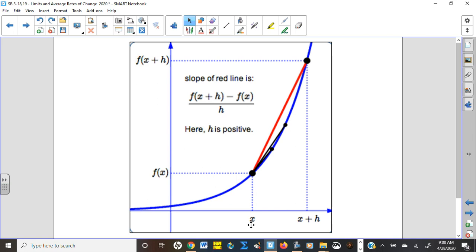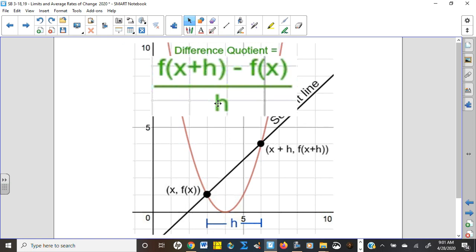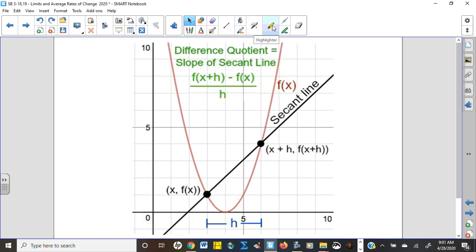I mean, we used a instead of x, but it's just a matter of whether you're going to call that x value x or a. Here's another one. They have it actually labeled here, the secant line, because it's hitting our curve twice. The distance between the first point and the second point is h. There's that difference quotient. And that is going to be something we use tomorrow.